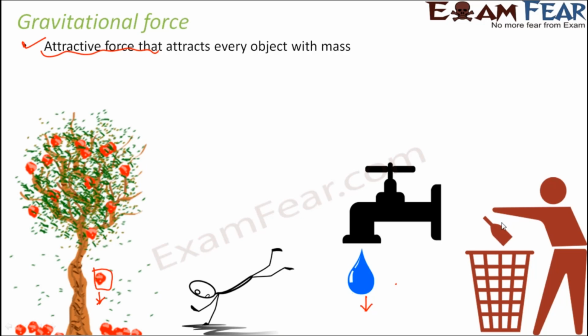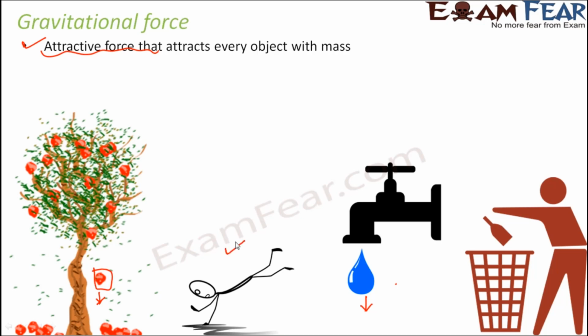Similarly, whenever you release something, as long as you are holding an object, it is fine, it stays wherever you are holding it. But as soon as you release it, it tends to fall in the downward direction. It doesn't fly in the sky, it always falls downward. That is again because the earth is constantly exerting attractive forces on other objects.